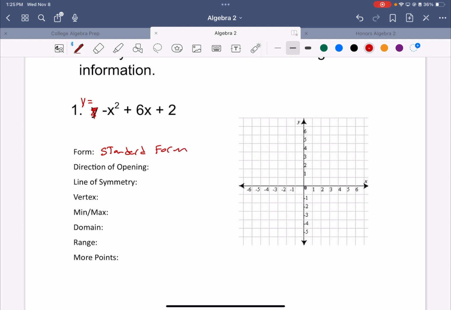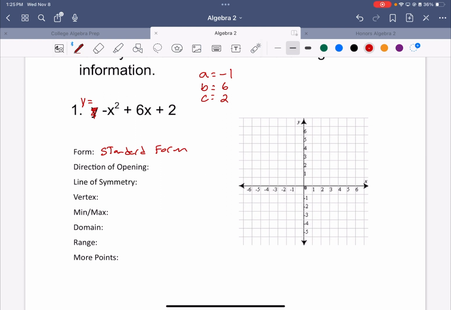This is like what we looked at yesterday. So when we had something in standard form, we identify the A's, B's, and C's right away. So the A value here is negative 1, B is 6, and C is 2.